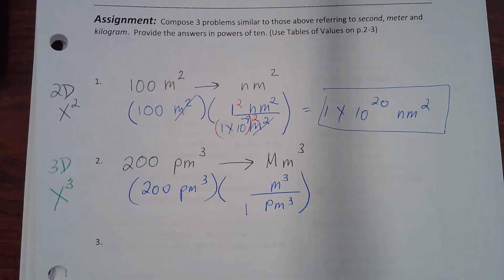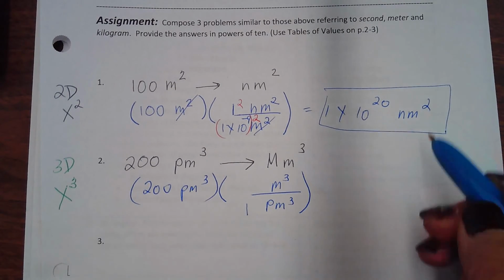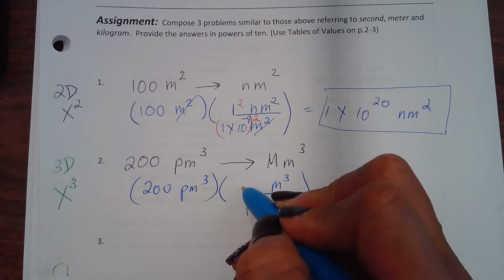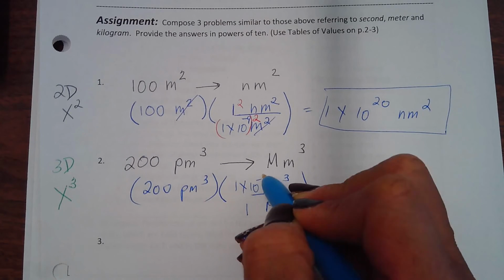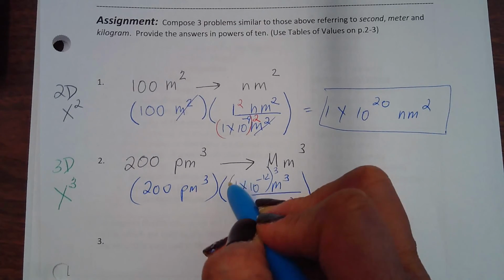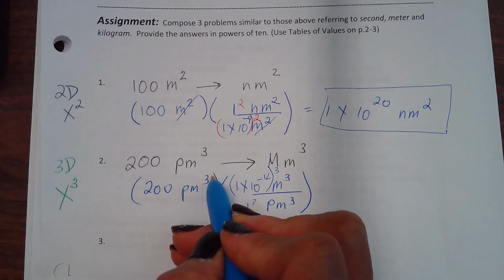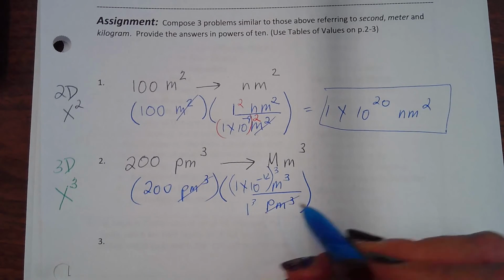So you always put 1 where the actual prefix is, you notice that? And then you put the conversion where there is no prefix. So pico is -12, right? And then you gotta cube everything. Well, 1 cube is still 1. And now you've gotten rid of the pico.